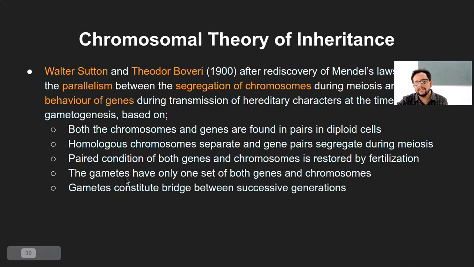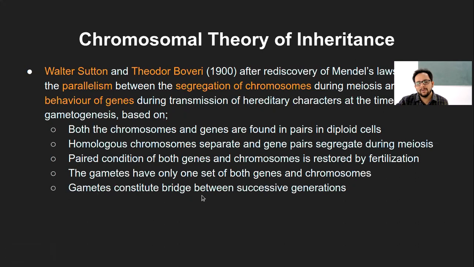The gametes, whatever comes from the anthers, the stigma, or the ovules, have only one set of both genes. So they can either have a particular character, or they can have the contrasting character. And this is true with the chromosomes as well. The gametes can have only one set, and the gametes constitute the bridge between successive generations.